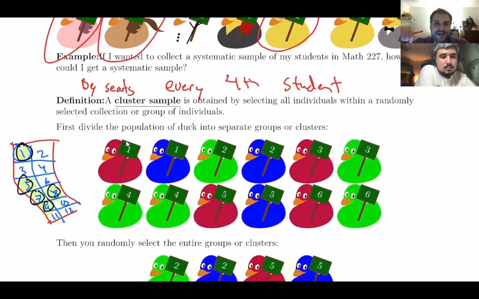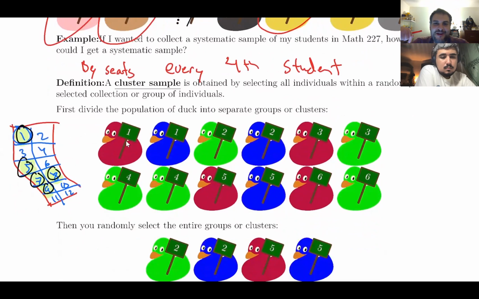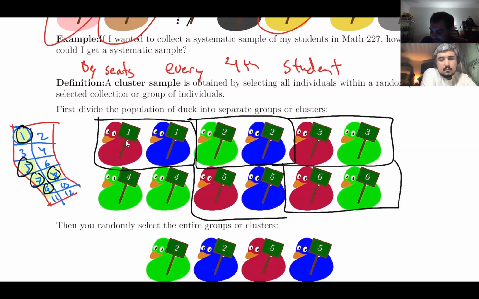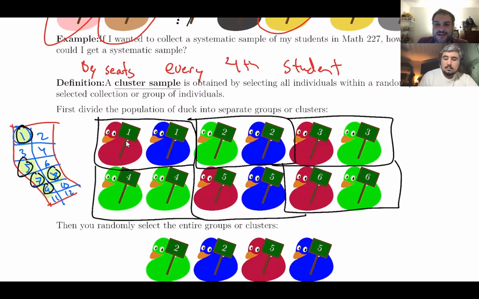So here are my ducks. For these ducks, if you look at it, they're holding a sign. The sign represents which cluster they're in. So this one is in cluster 1, cluster 2, cluster 3, cluster 6, cluster 5, cluster 4. What we want to do is randomly select a cluster.